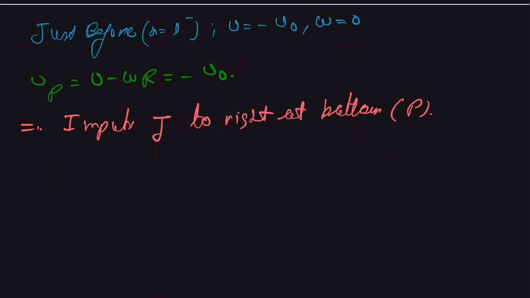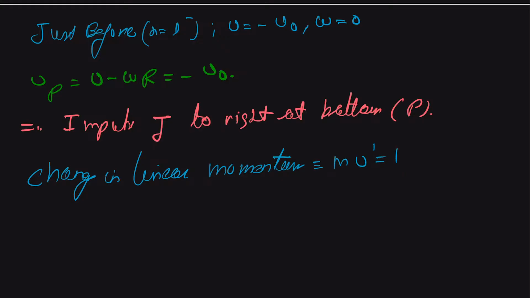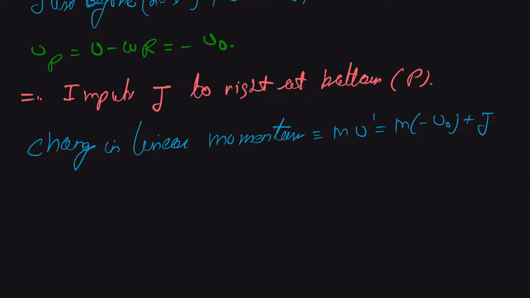And we can find out the change in linear momentum, and that is m v prime is equal to m times minus v naught plus j. And from here we can write that our v prime is equal to minus v naught plus j upon m.